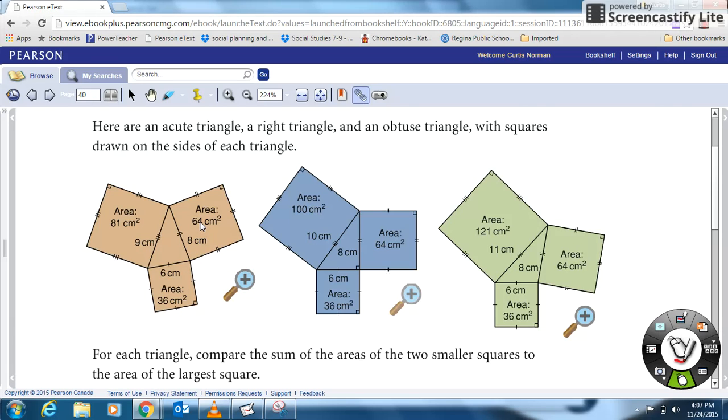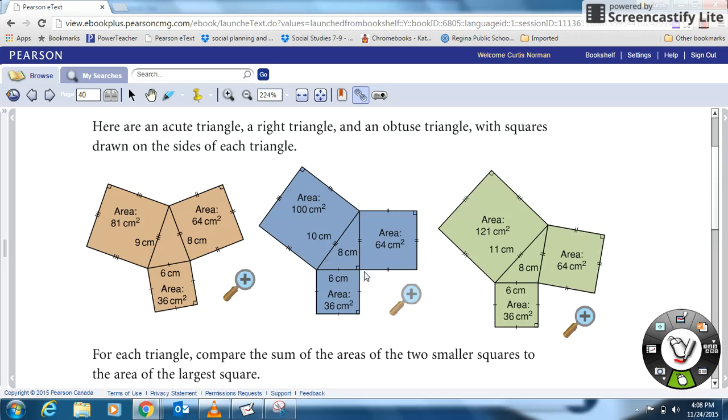We take the areas of our two legs, in this case 36 and 64, and if we add them up, that should equal the area of our hypotenuse if it is a right triangle. 36 and 64 equals 100, and if you notice, the area of the hypotenuse is only 81. So I can tell you right now that this red triangle is not a right triangle because it does not fit the Pythagorean theorem.